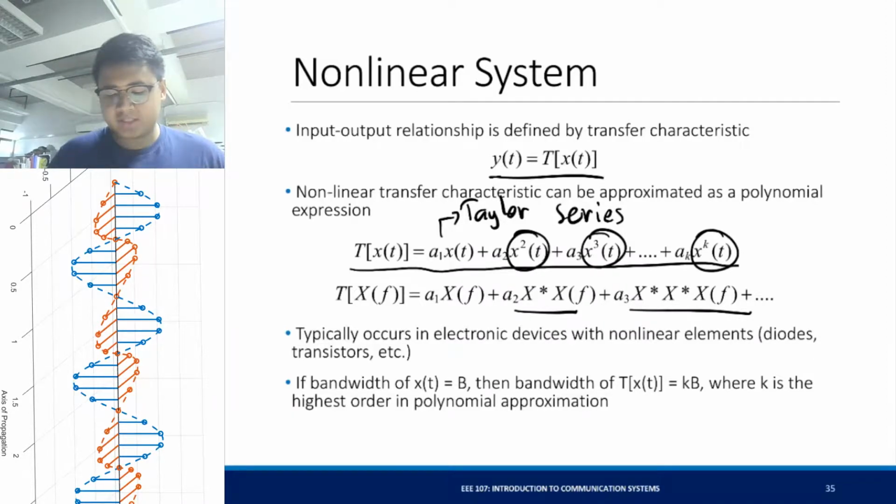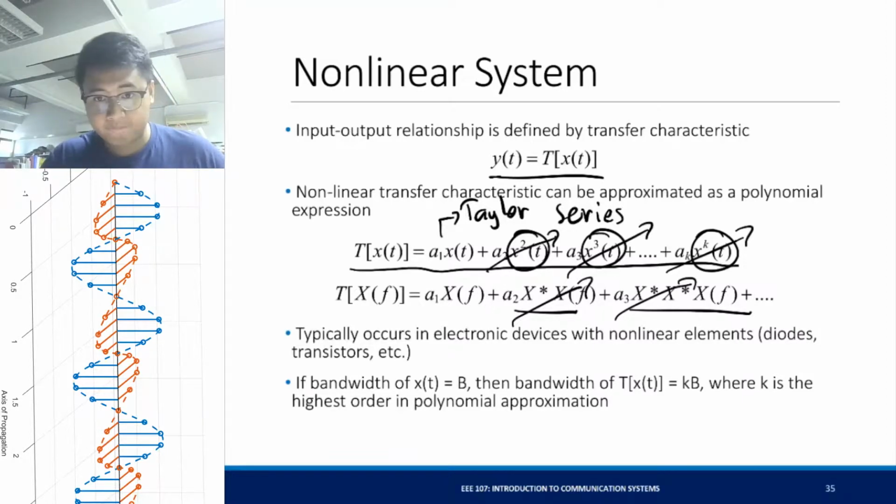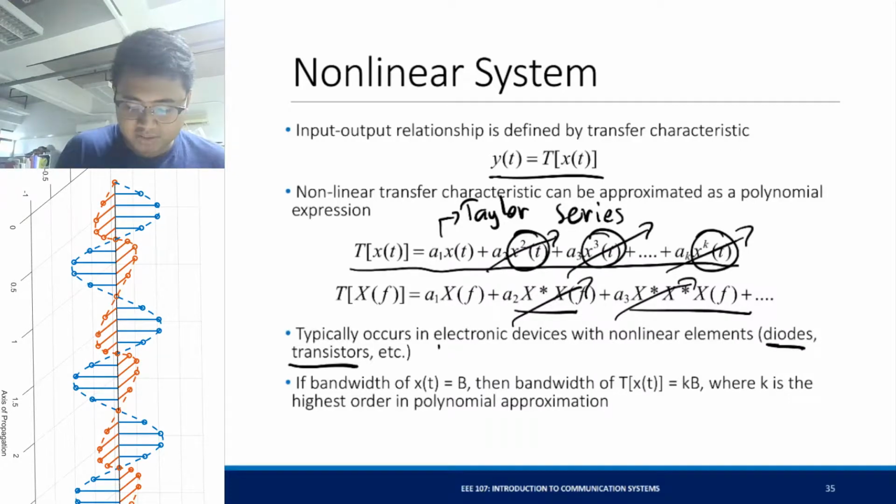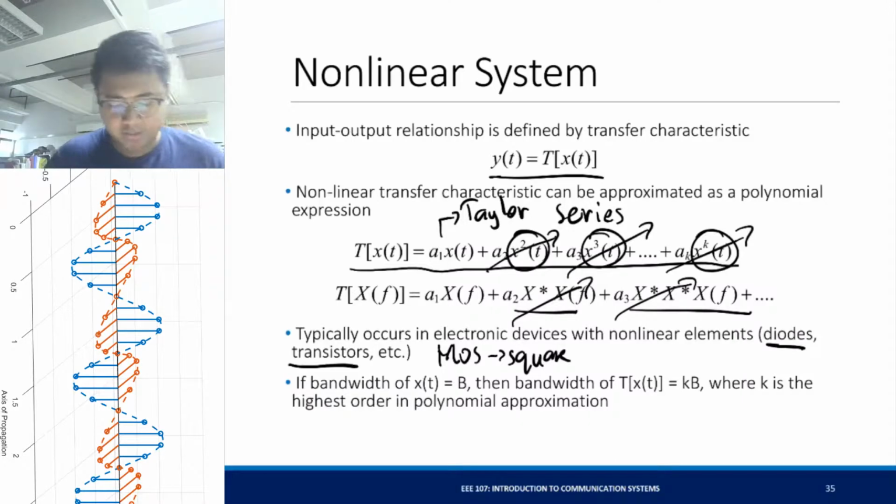Now, if the system is linear, then this is 0, this is 0, and this is 0. Okay? And so is this. But since it's nonlinear, it's present in the system. Okay? And this typically occurs in electronic devices with nonlinear elements. Your diode is defined by your exponential function. Your MOS is defined by the square law, and so on and so forth.